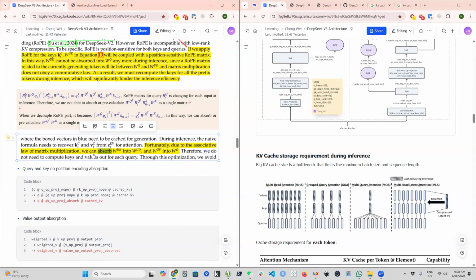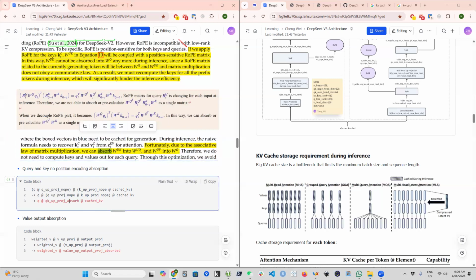I think this comment is cut from the paper, and it should mean we can't absorb this into here, and cannot absorb this V value up projection into output, right? So there are two here: the key and the Q cannot absorb, and the value and the output cannot absorb.